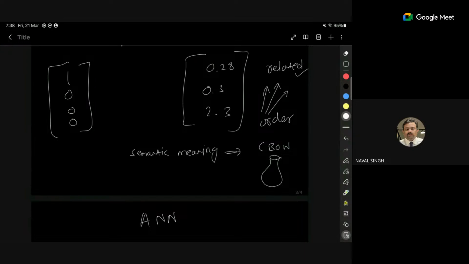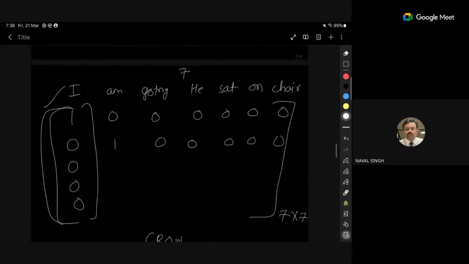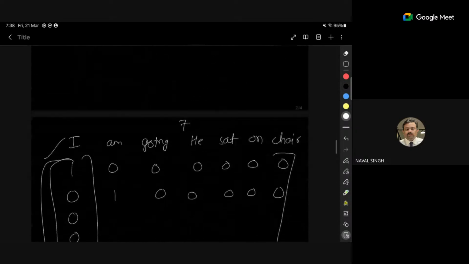That will be covered in RNN. If sequence is important, then we can use RNN. That is the next idea. But here order does not matter, while relation is kind of preserved. Yes, sir, understood. So that was CBOW, continuous bag of words.